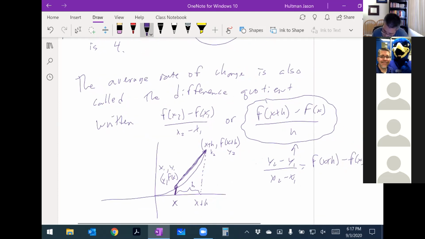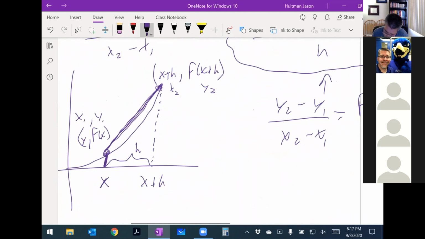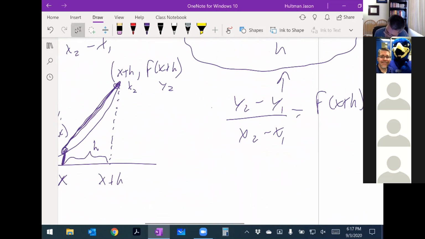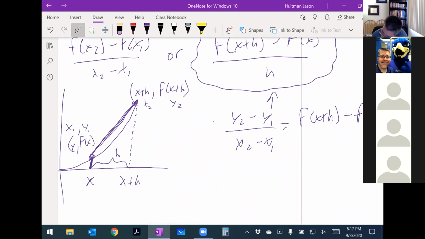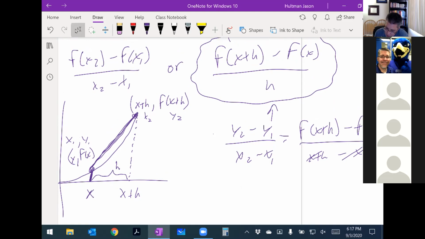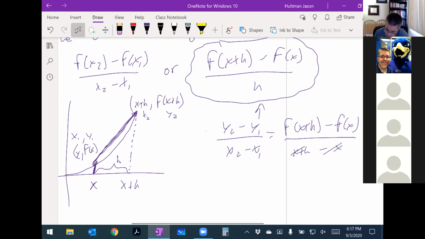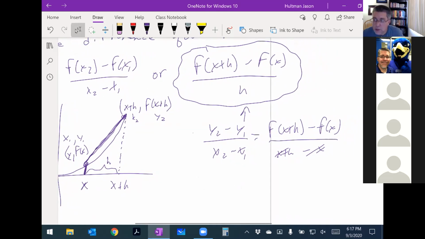I'll zoom in on this for a little bit. Not too far. All over what? Well, all over x2, but what's x2? It's x plus h minus x1. But what was x1? It was x. So these x's cancel out. I wish my x's would cancel out.